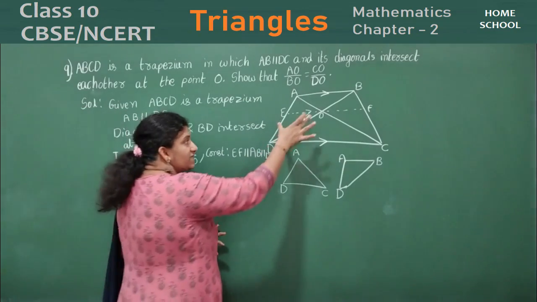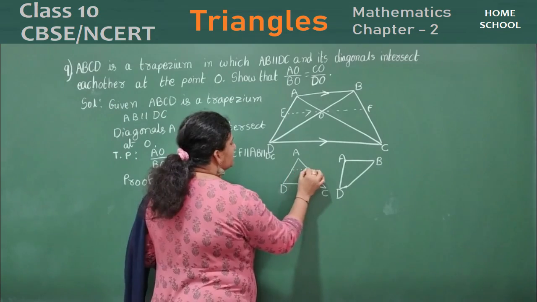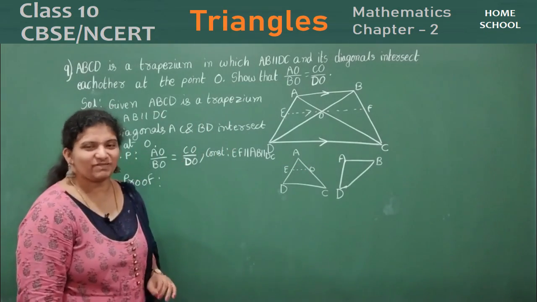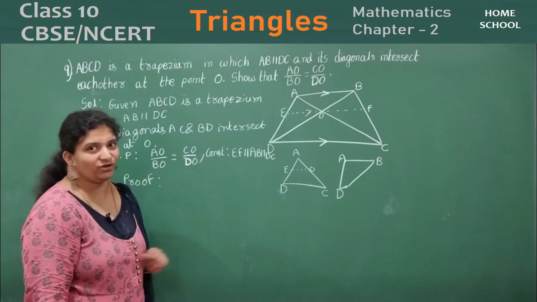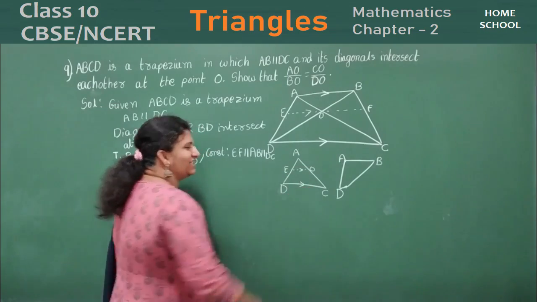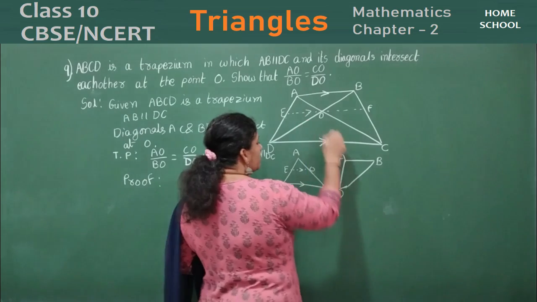So now the same thing I am drawing in this triangle. Immediately you remember something if I draw. What do you remember? Yes, basic proportionality theorem. If this EO is parallel to DC. Now here also same thing I do.